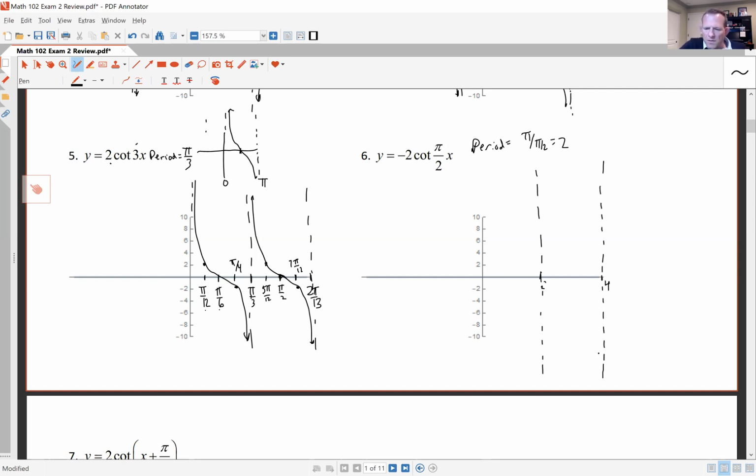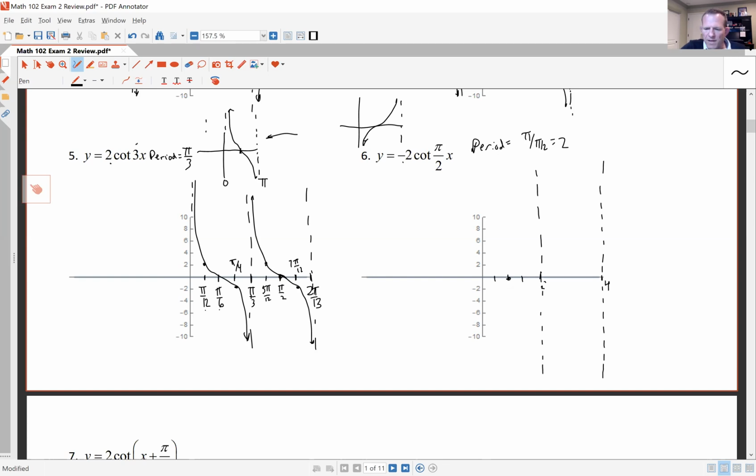We will go to cutting this period into half and then a quarter. And remembering that the negative takes this graph and flips it over, we're going to start in the negative region and then go positive.